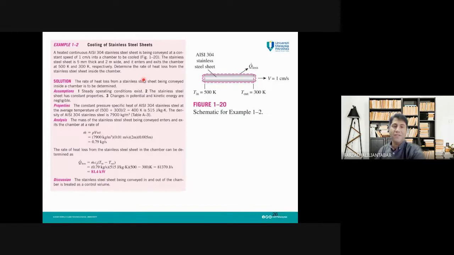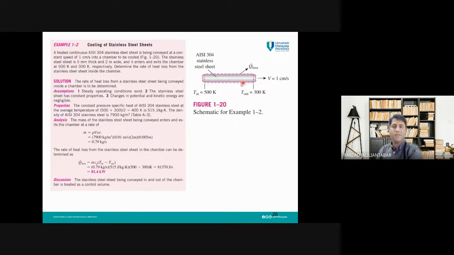Now here we have an interesting example, and you will see that when we say control volume, when we say flow, it is not only for fluids, and we can use that concept to solve some other problems. Here what we have is a stainless steel sheet.